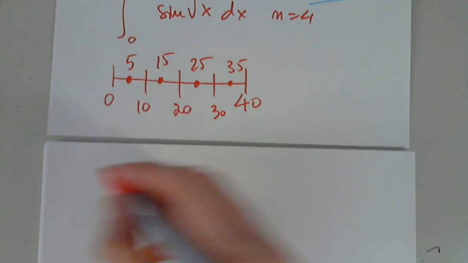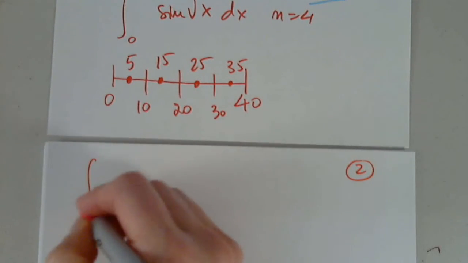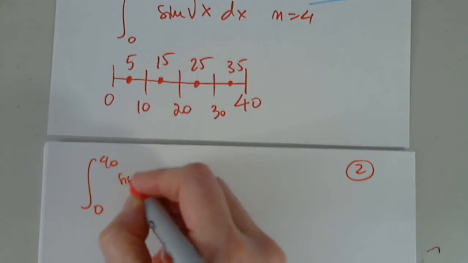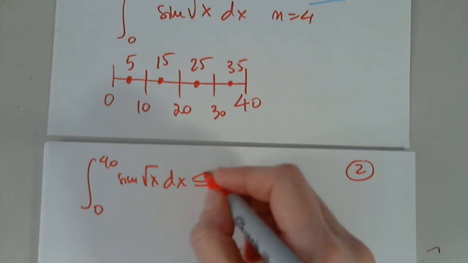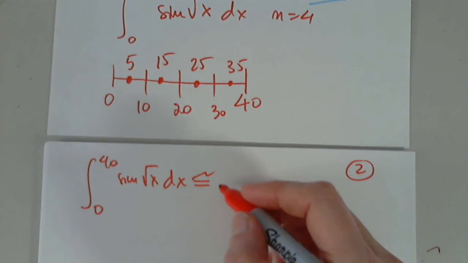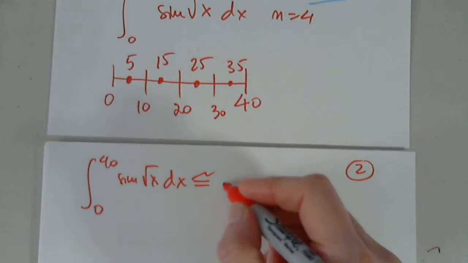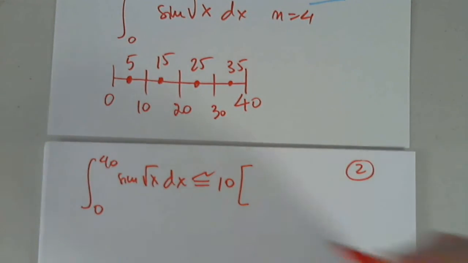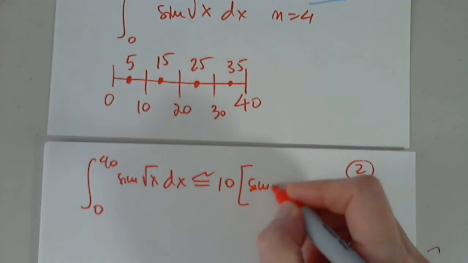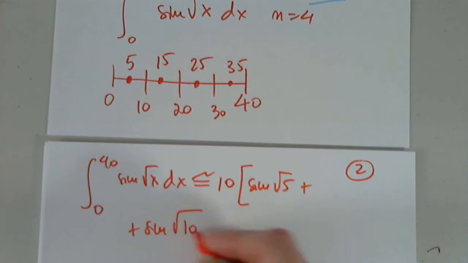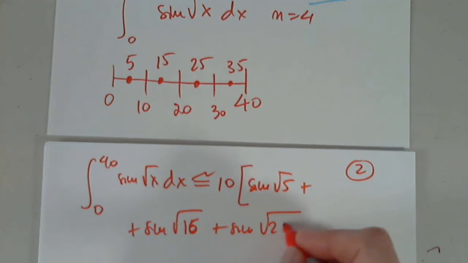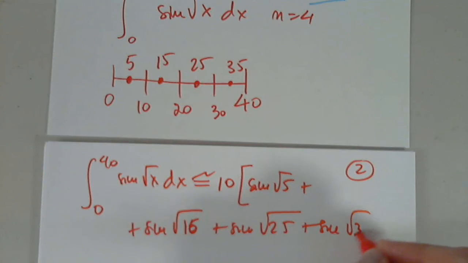So the integral from 0 to 40 of sine of the square root of x dx will be approximately base times height. So the base is 10. I'm going to put it out. So this is sine of the square root of 5 plus sine of the square root of 15 plus sine of the square root of 25 plus sine of the square root of 35.